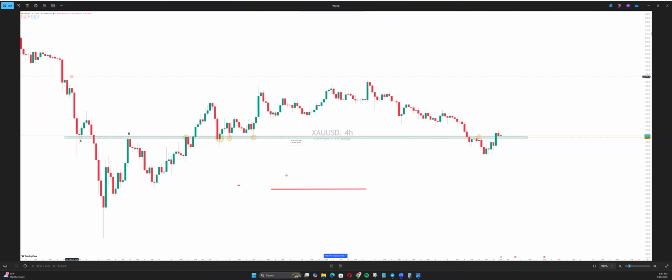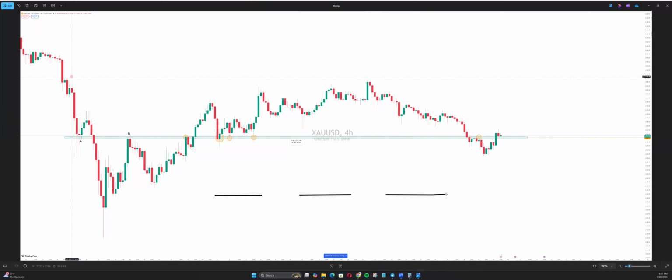I'll show you the different types of support and resistance you need to see. It's red, I don't want red, I want black. So we have different forms of support and resistance. We have how to draw your support and resistance. We have this, and also we have this.